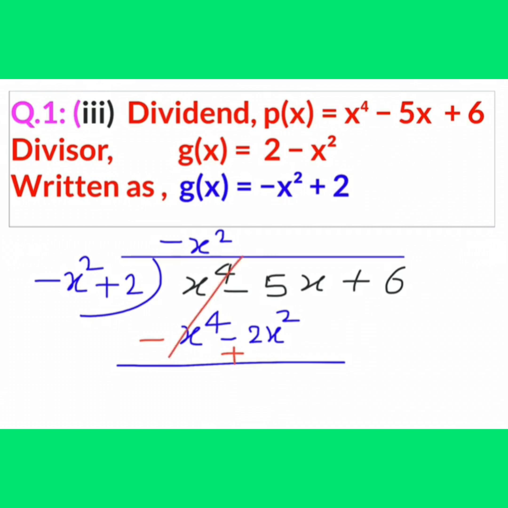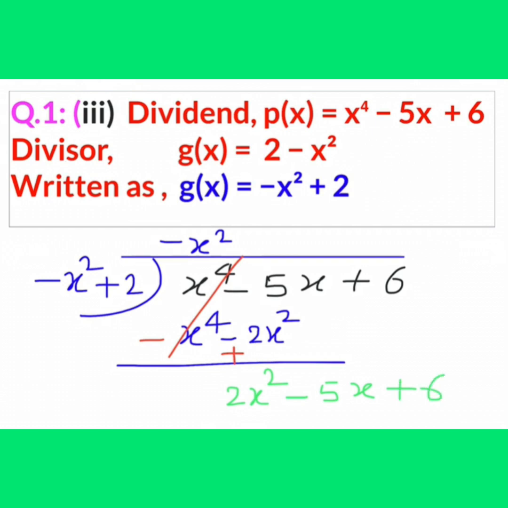And now first of all you will write the second degree term, this is 2x square with positive sign, and after that the remaining terms. So you will get there, it is just like that, 2x square and then minus 5x and plus 6.